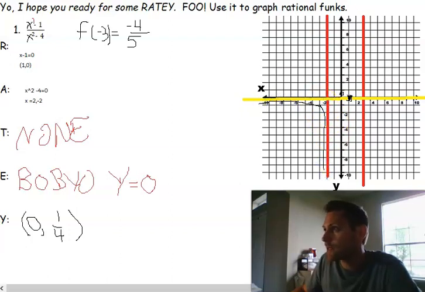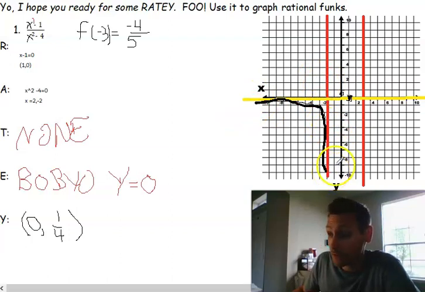All right, I'm going to make that a little thicker. It's a decent drawing. And if there was togetherness on this asymptote, so let's just say it was the same answer of negative 2 and negative 2 twice, they would come together. But unfortunately, there is no togetherness, so they're going to be opposites.